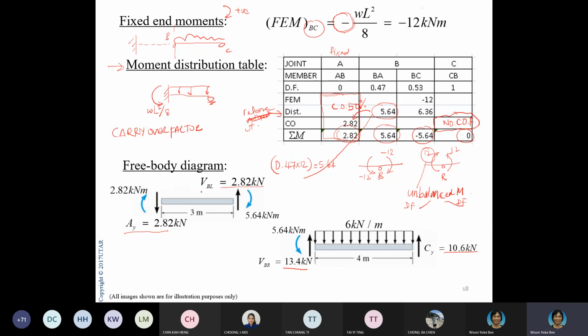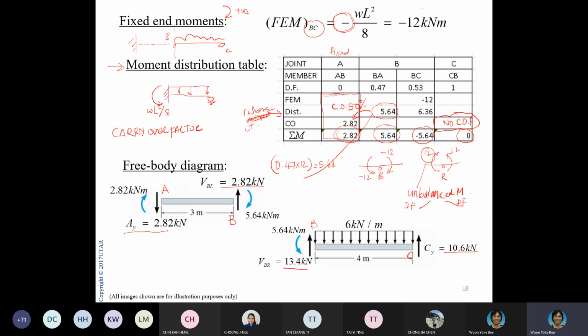So here is your internal moment. Look at this. This is positive. That's why I maintain the positive sign here. This is clockwise. 5.64, it is also clockwise. Now look at 5.64 here on BC. This is BC. Sorry, I forgot to write here B. This is BC. This is B. This is A. Okay.